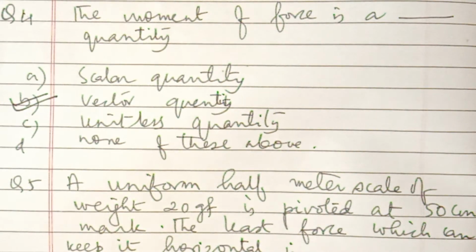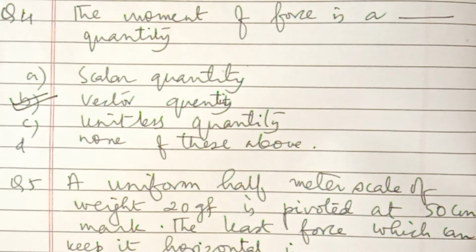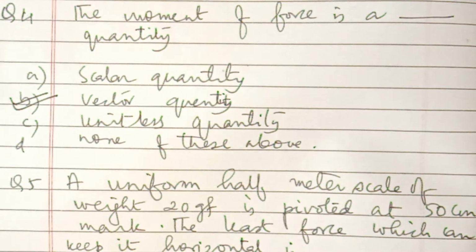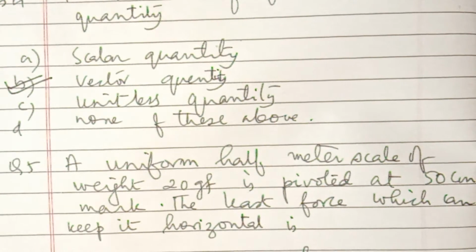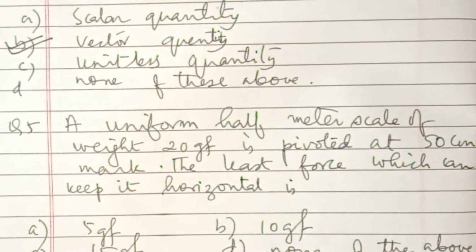A uniform half meter scale of weight 20 gram force is pivoted at 50 centimeter mark. The least force which can keep it horizontal is, so what is the least force which we can apply on the scale to keep it horizontal?